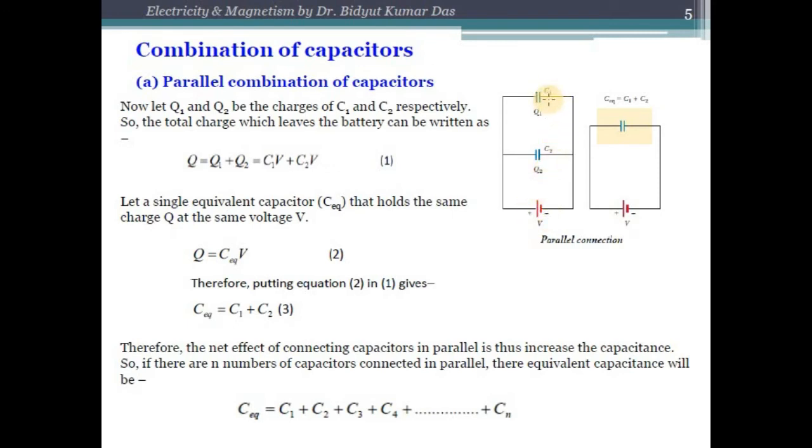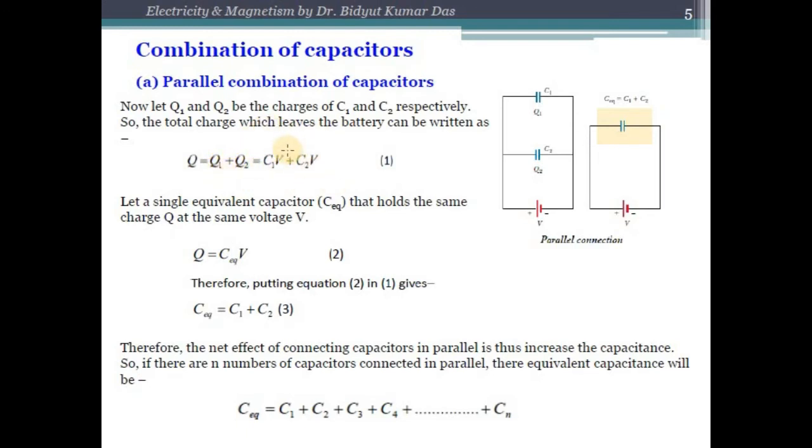And why are these 2 capacitors said to be in parallel combination? Because the potential difference these 2 capacitors experience is the same. Let us consider that Q1 and Q2 are the charges of capacitors C1 and C2 respectively. So the total charge that leaves the battery, Q, will be equal to Q1 plus Q2.